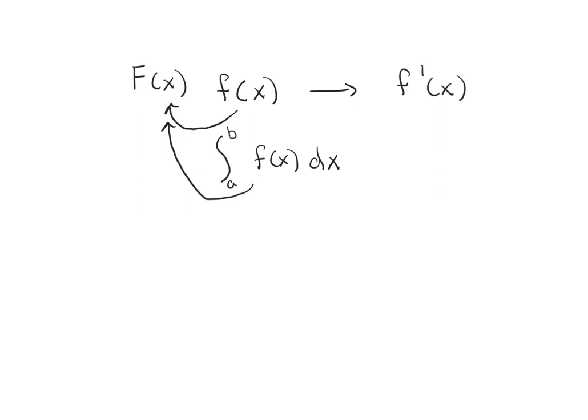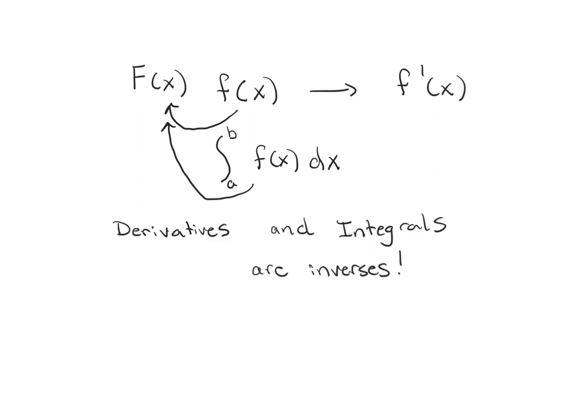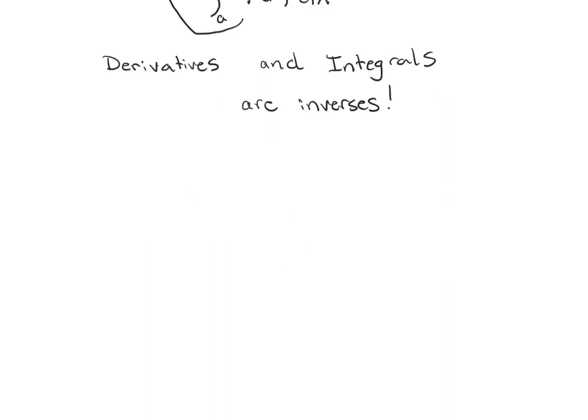Now, the fundamental theorem that we're working with today is basically a statement saying derivatives and integrals are inverses of each other. That means they undo each other, just like subtraction undoes addition and division undoes multiplication. Now let's put that into some notation.